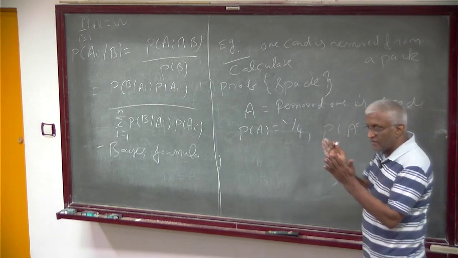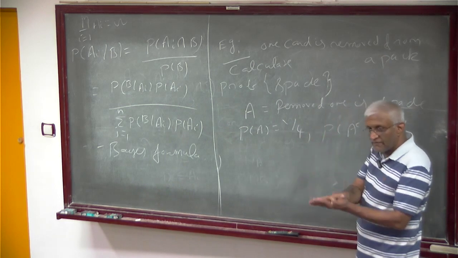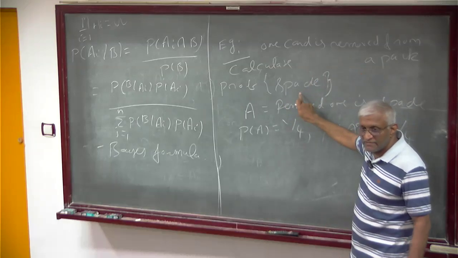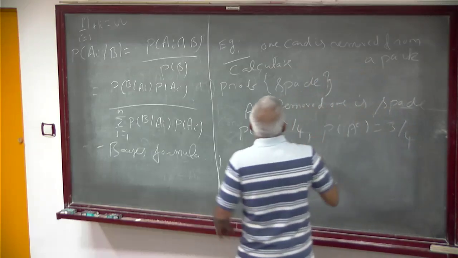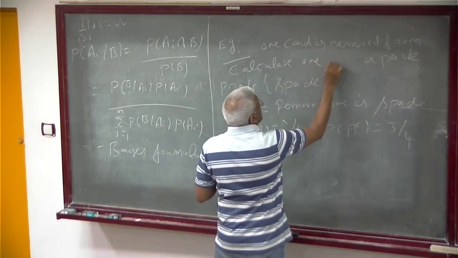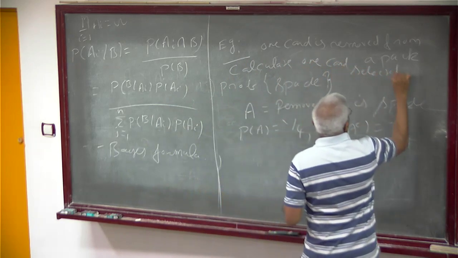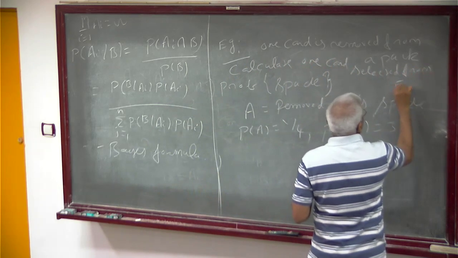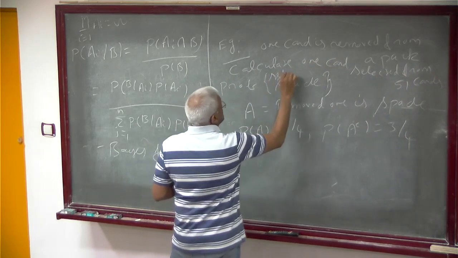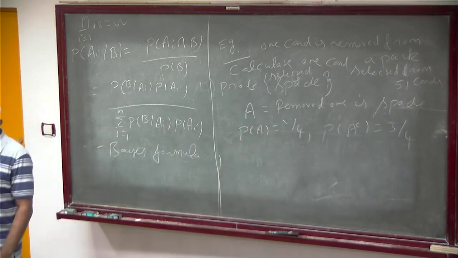We have a pack of cards. One card is removed at random, and we don't know which one it is. From the remaining 51 cards, we calculate the probability of getting a spade. One card is selected from the 51 cards, and the selected one is a spade.